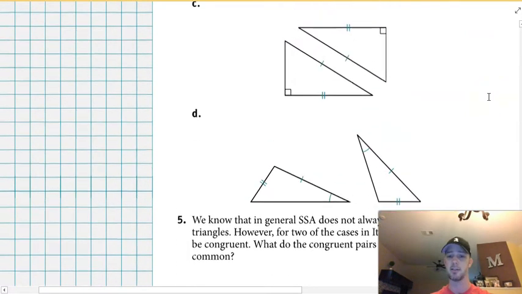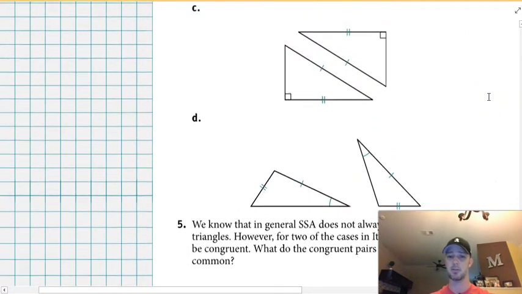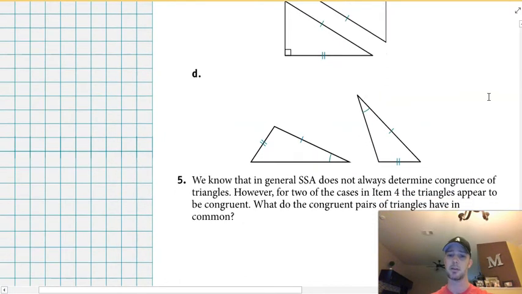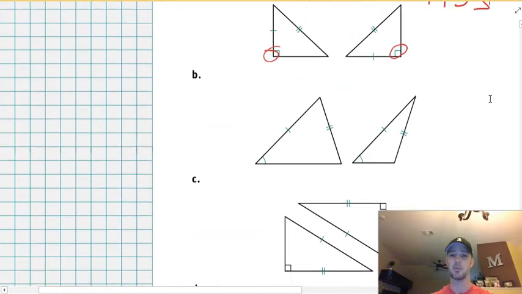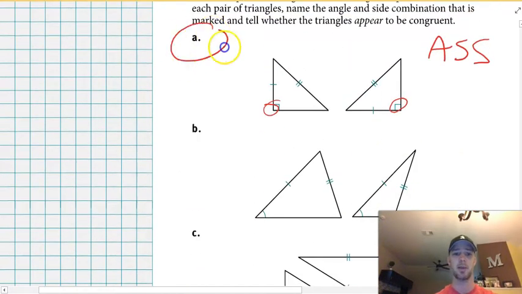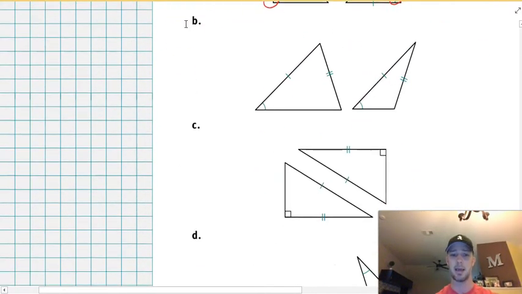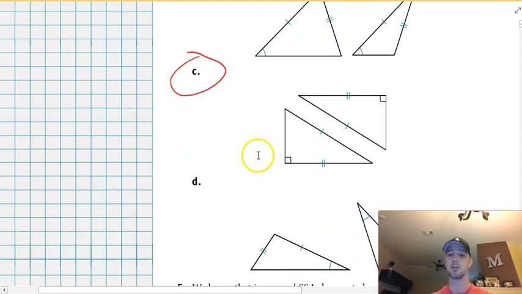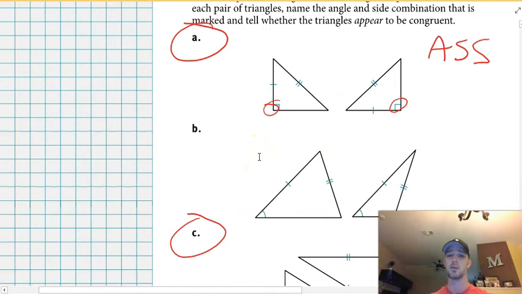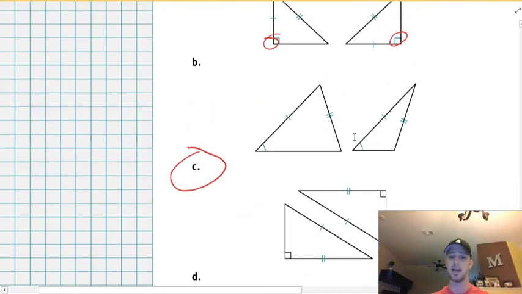But some of these do look congruent, and some of them don't. The ones that do look congruent would be A and C. What's special about those is you'll notice both of those have a right angle.